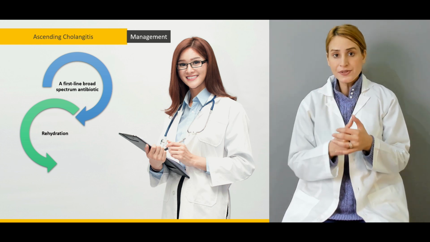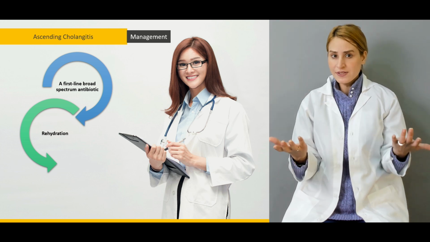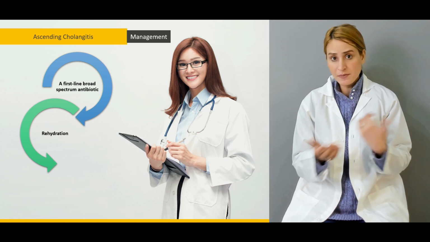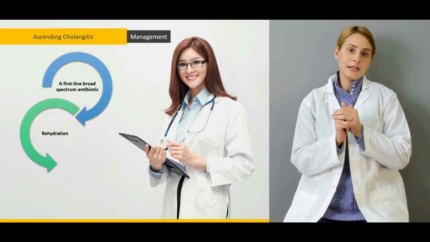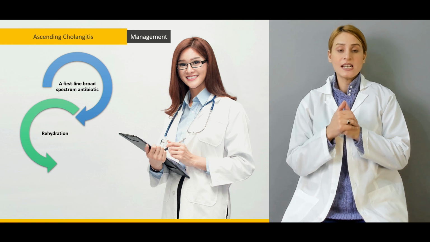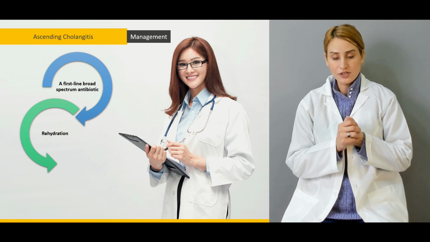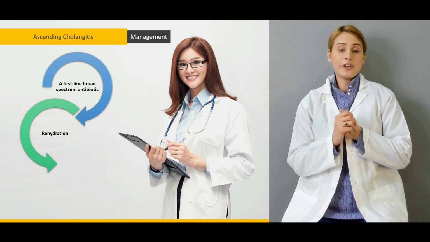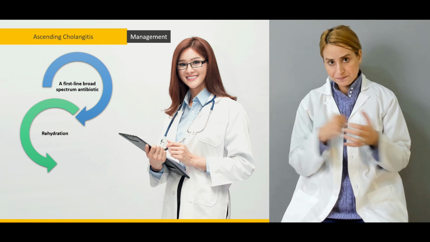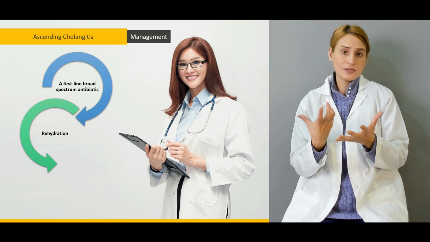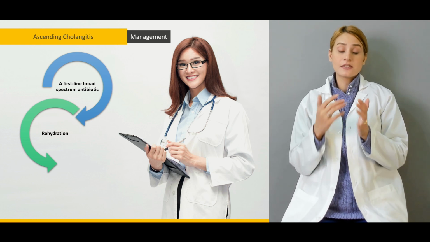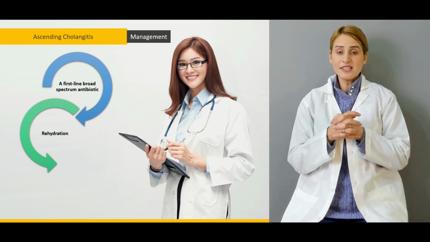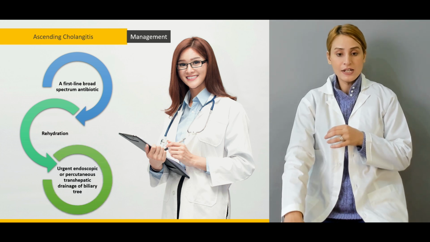That is, you are using maybe 4th generation cephalosporins, or aminoglycosides, or meropenem or imipenem, combined with Flagyl. Rehydration is very, very important, because again you are not sure about the third space loss. So that's why it's important to rehydrate the patient.